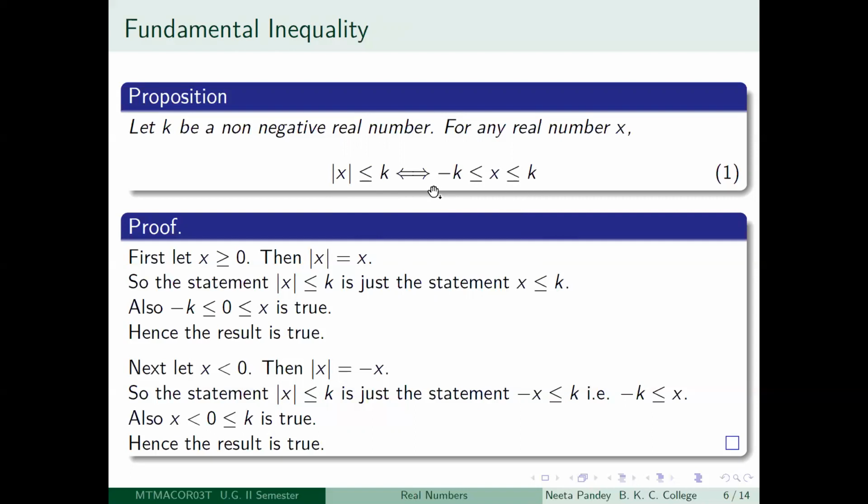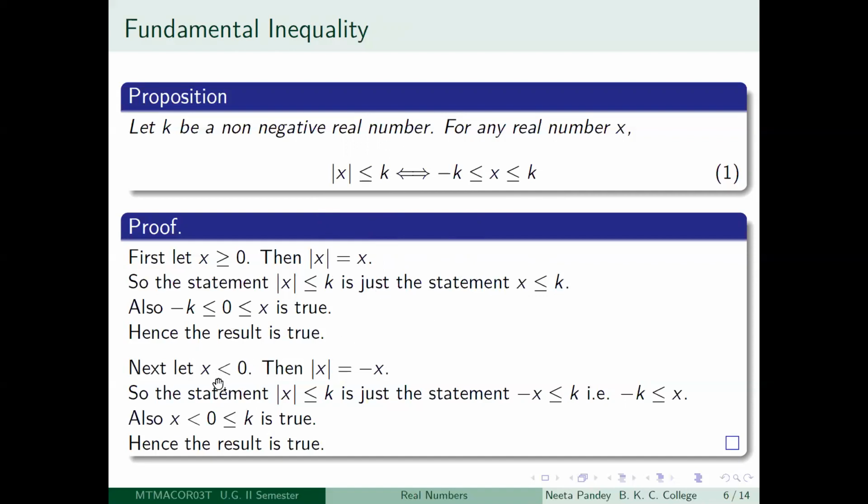And the second part follows automatically because k is greater than or equal to 0, so minus k is going to be less than or equal to 0, and x is greater than or equal to 0. So by transitivity, minus k is less than or equal to x. So mod x equal to x will imply that x is less than or equal to k, and this whole thing will automatically follow from mod x less than or equal to k, and also conversely.